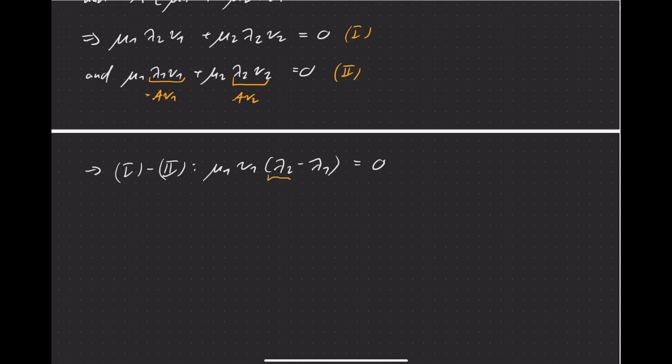Well, the eigenvalues here, those were distinct, so this factor here is not 0. Also, the vector v1 is an eigenvector, so it cannot be the 0 vector. And that means the only way that this expression can be 0 is that mu1 needs to be 0.